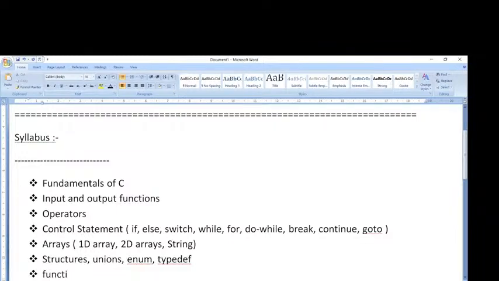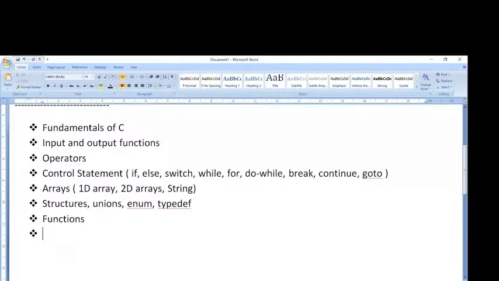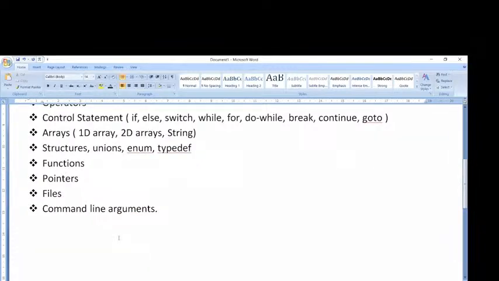Then I will explain functions, then pointers, files, and command line arguments. These are the topics I am going to explain to you.